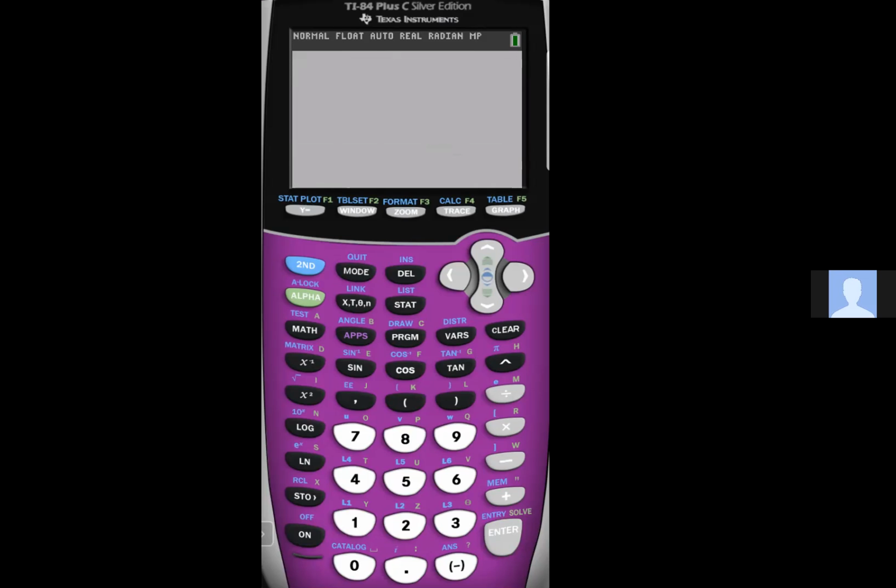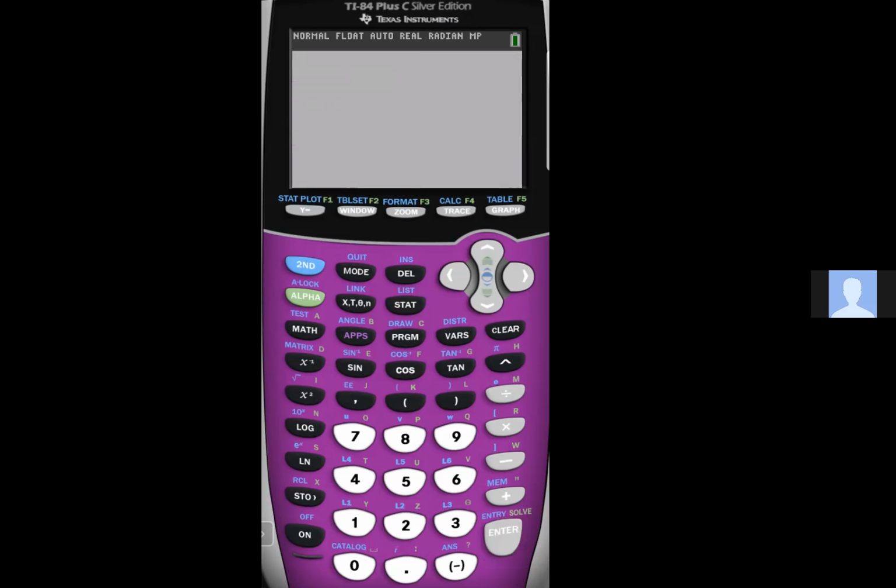And then now go to stat, go to test, and there is a chi-square goodness of fit test. L1 is your observed data, and then you put your expected on your L2. And then the degree of freedom is 5 minus 1, which is 4.